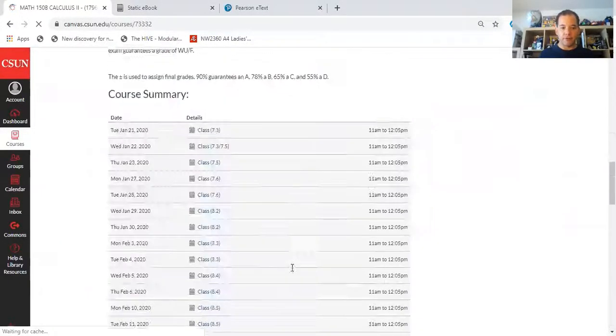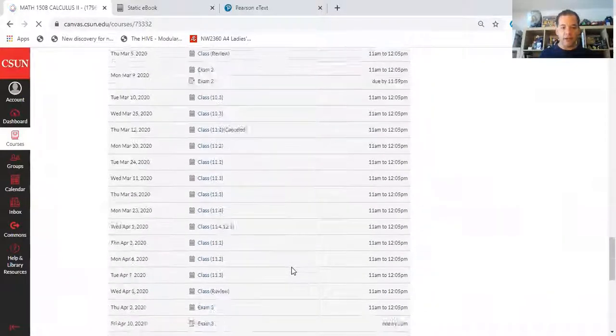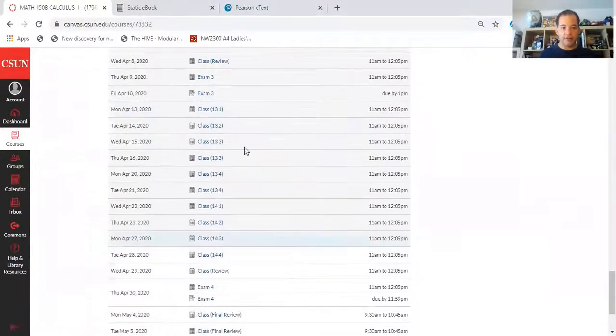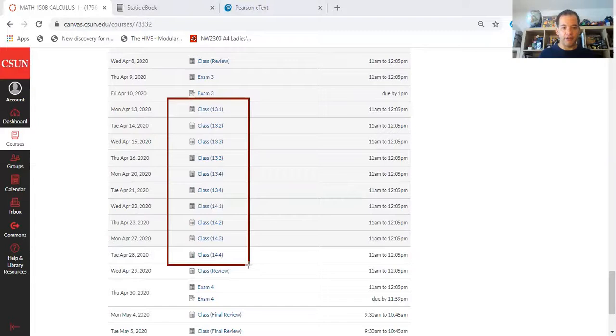Okay, so right here, and you can see it. So we had our exam 3, and then for our next exam, we have all of these sections included: 13.1 all the way to 14.4. Okay?